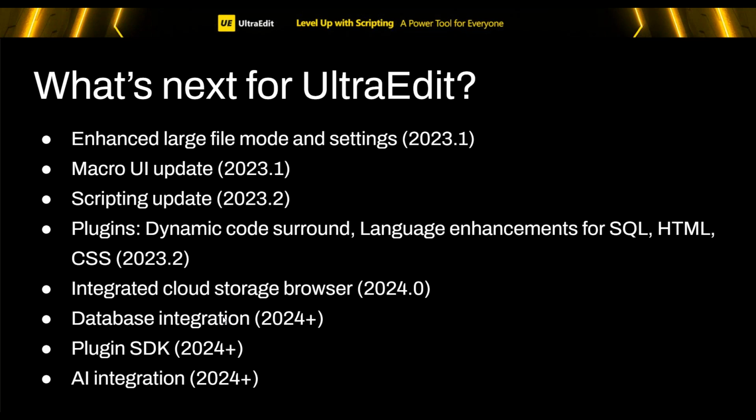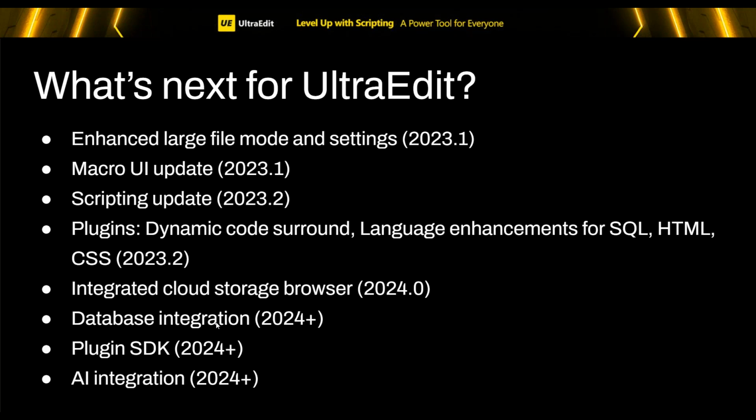And then going beyond the first release of 2024, these are features we're kind of teasing right now. That's why they're 2024 plus. We have database integration. A large number of users have asked if UltraEdit could directly interact with databases to pull and edit large records, because UltraEdit works with large files and large data sets.